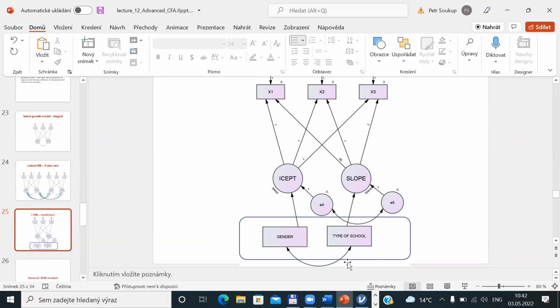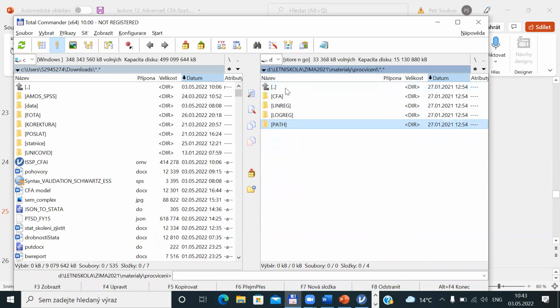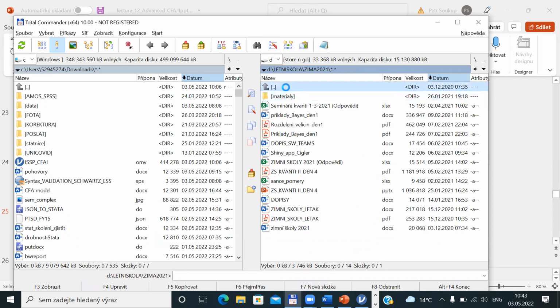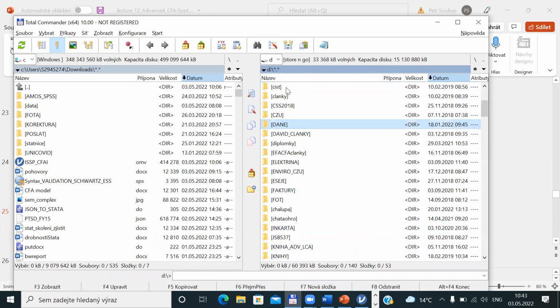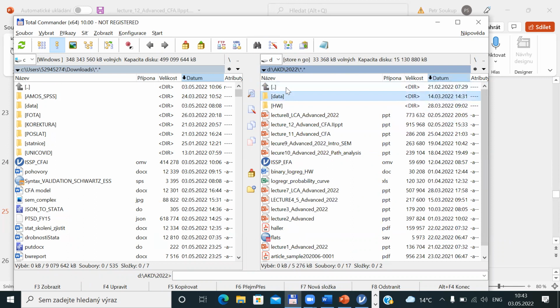And now a quick tour into IBM SPSS Amos. So I will try to open directly the model which is prepared, to be quicker. So I need only to find it once again for this course. Sorry for that. So here it is.